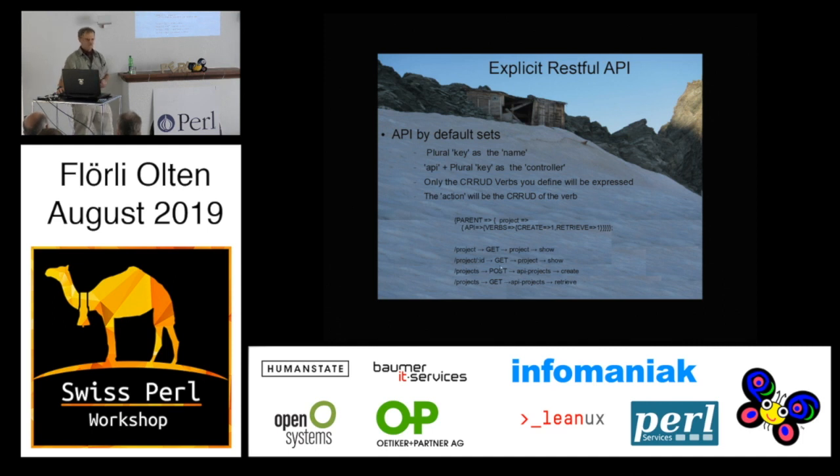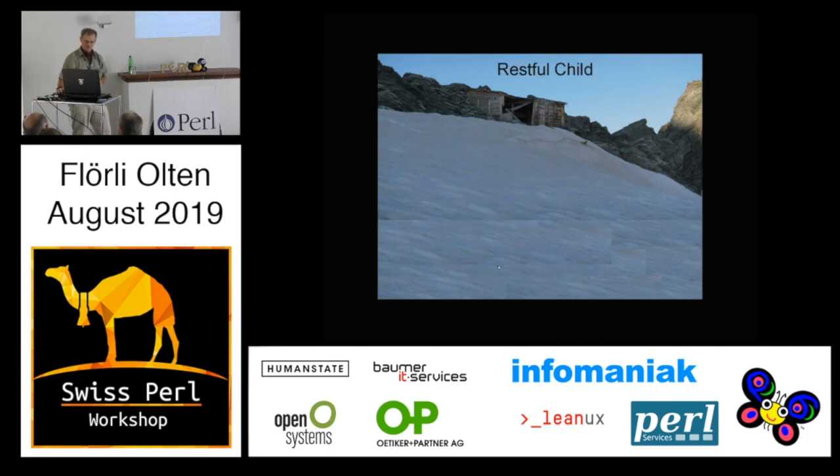Good way to close things down, and you never make that mistake the other guys did in India where they open everything up just because somebody said it could be. And the RESTful child is similar. There's a RESTful child example. The only real difference in the API side of things is when you go project ID users, the collection goes up to the controller of the parent.